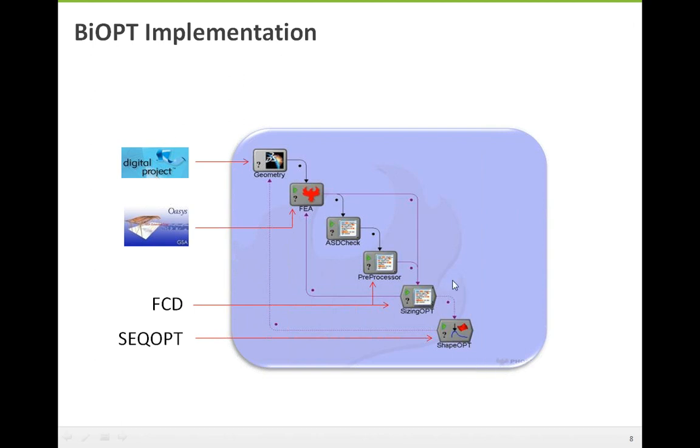These scripts were implemented in a software called Model Center, developed by a company called Phoenix Integration. This software is a way to create integrated processes, and this screen capture is a screenshot of the software. It allows you to pipe information between various applications and then automate that exchange and the execution of design cycles.